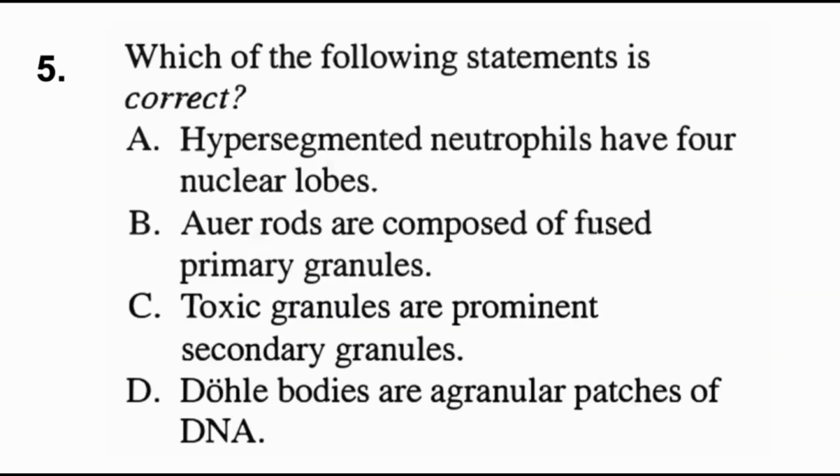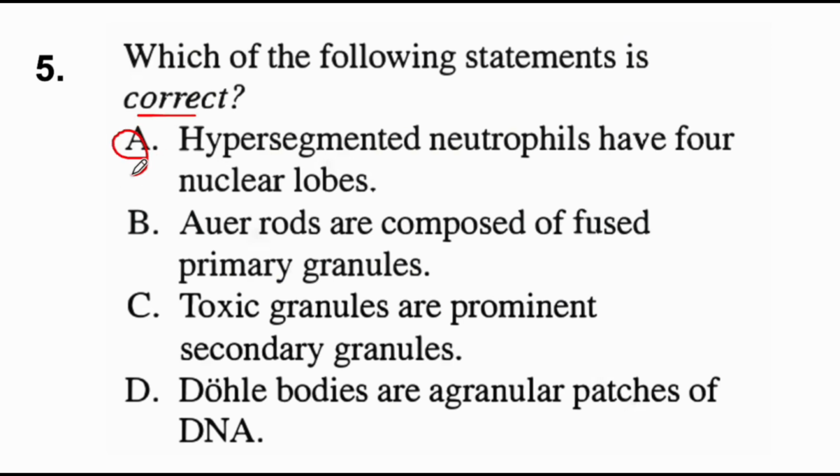Our last question is to find the correct statement. A is false. The definition of a hypersegmented neutrophil is having 6 or more lobes. C is false. Toxic granules are prominent primary azurophilic granules that have retained their dark stain in mature cells, which is an abnormal finding.